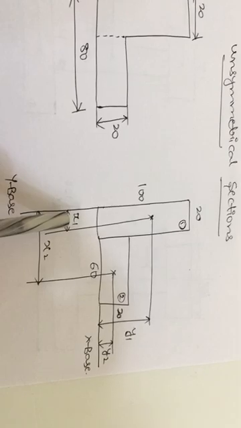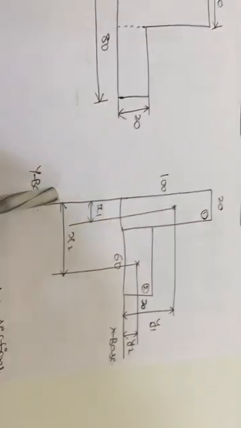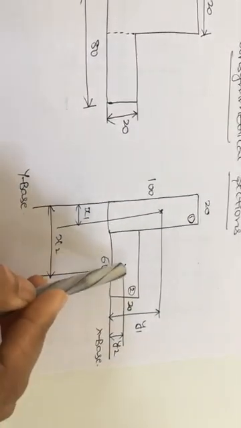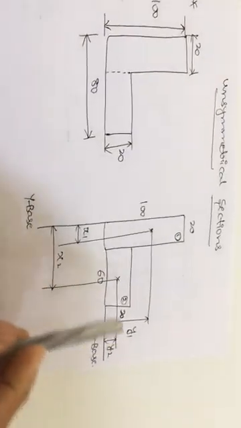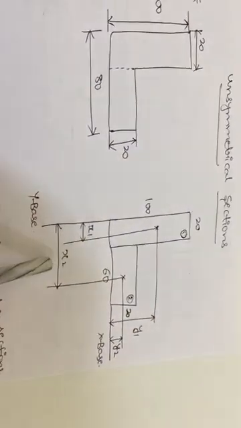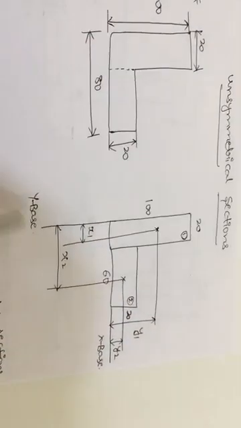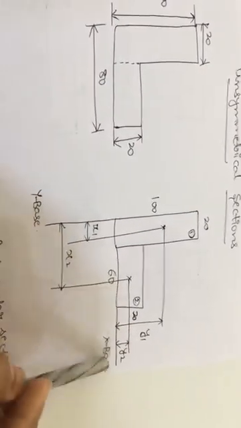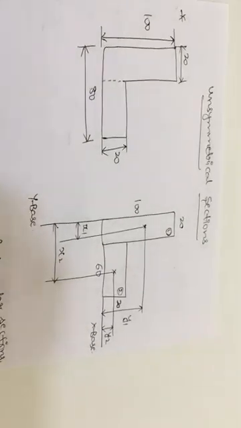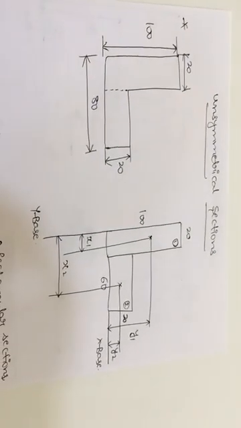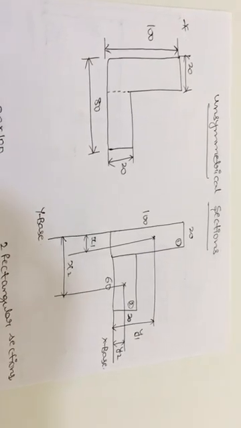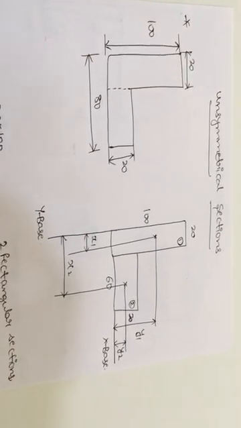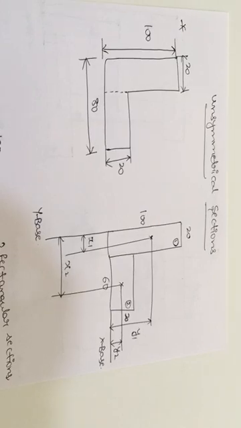Next, x1 is the distance from the centroid to the y base, and x2 from the centroid point to the y base. Remember one thing: x1 and x2 go to the y base, y1 and y2 to the x base, opposite bases. X bar is to the y axis, y bar to the x axis.